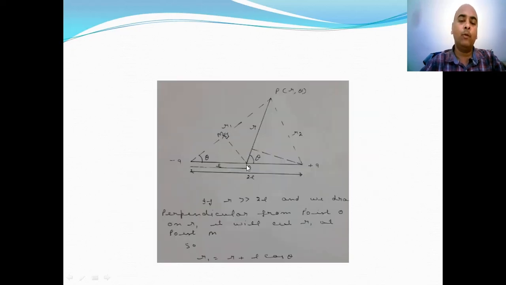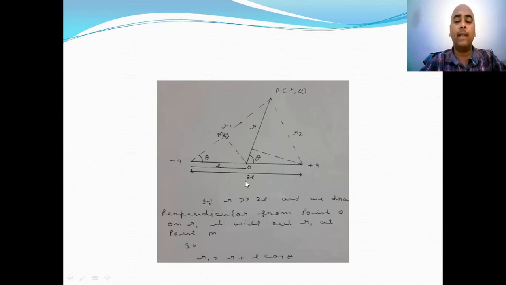So the perpendicular from origin O cuts r1 at point M. As it is a perpendicular, this angle is 90 degrees.